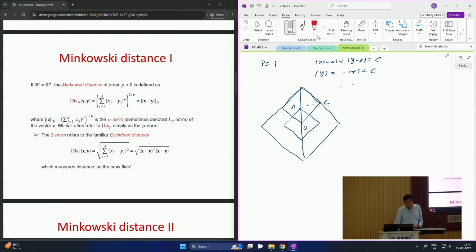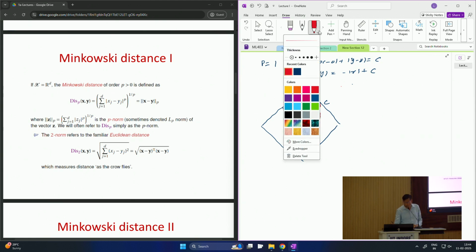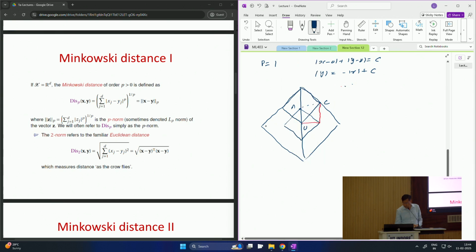So what I will do is I will go this line and I will go this line. Although I'm showing it as an OC distance, because it is a Manhattan distance, it will go along the axis. Does it make sense? If I am here at this point, I will not say that this is the distance. This is exactly still 2. This point is also exactly 2.